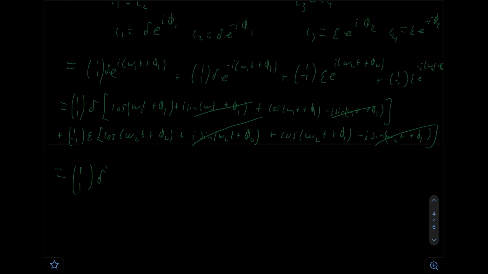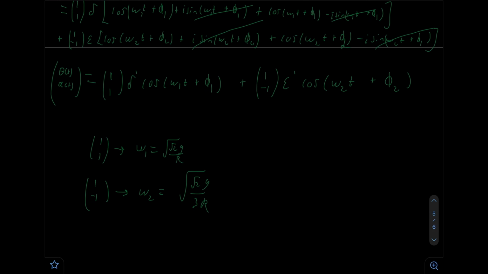So we'll call this delta prime now, times cosine of omega 1 t plus phi 1 plus 1, negative 1, epsilon prime. Oops, this should be phi 2.